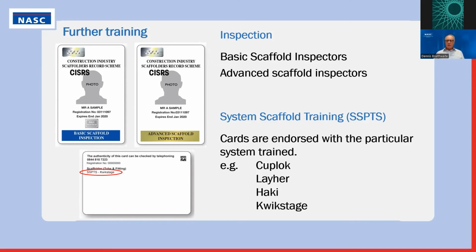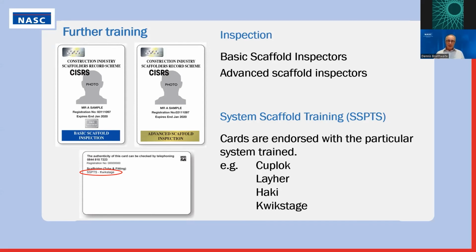Also, we've talked about system scaffolds. We often get scaffolders that say, I've been scaffolding 30 years, you can't tell me how to erect a system scaffold. Well, I'm afraid that's not correct. There's a lot of different details with system scaffolds, and every type of system scaffold is slightly different.